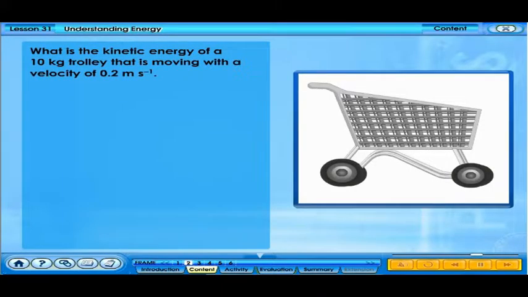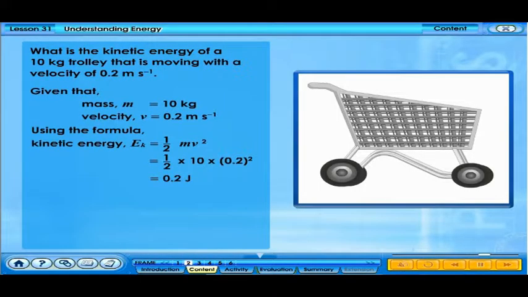What is the kinetic energy of a 10 kilogram trolley that is moving with a velocity of 0.2 meter per second? The kinetic energy of the trolley can be calculated using the formula half mv squared. On substituting all given values, kinetic energy of the trolley is 0.2 joule.